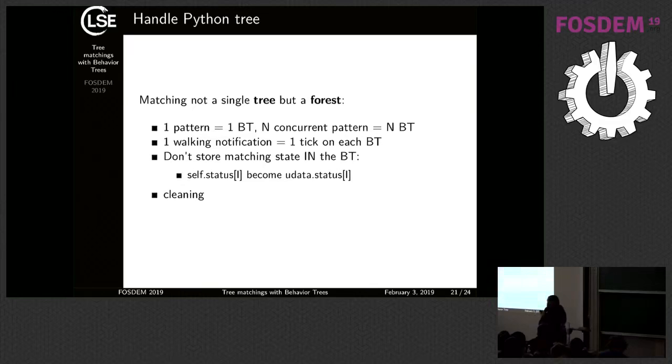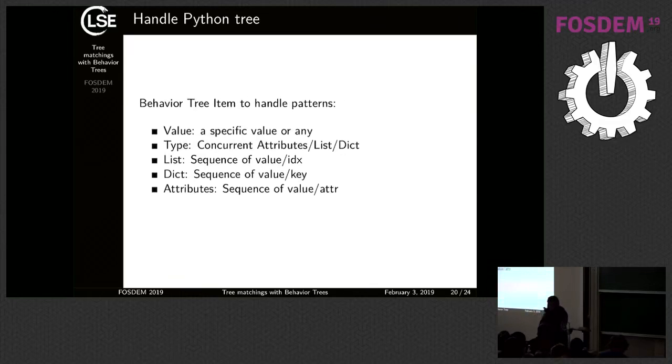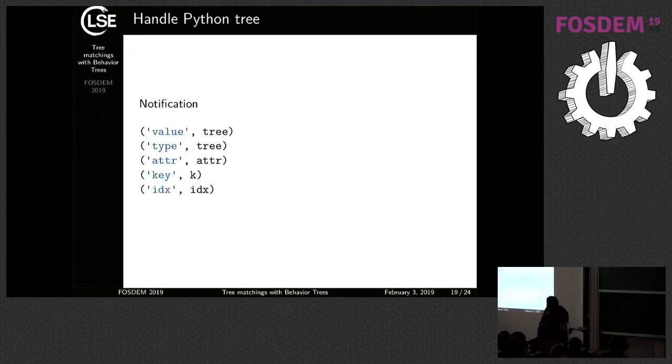I have matched, oh, I went far. I have matched a type, this is the type. This is the name of the attribute, this is the name of the key, this is the index of the list. With all this information, I could send it to a behavior tree that composes and does pattern matching.